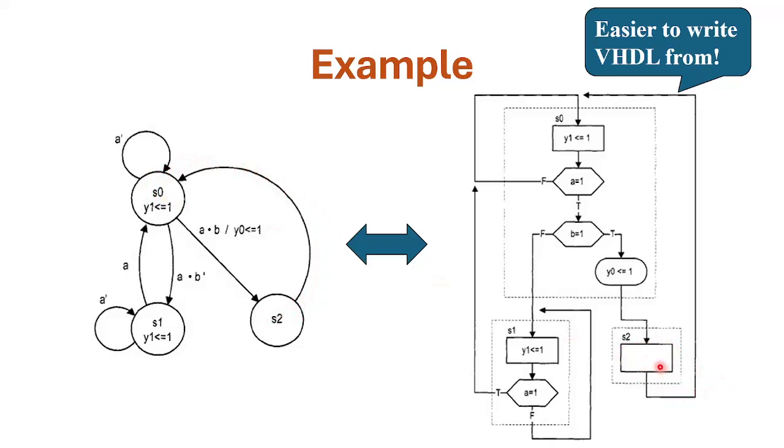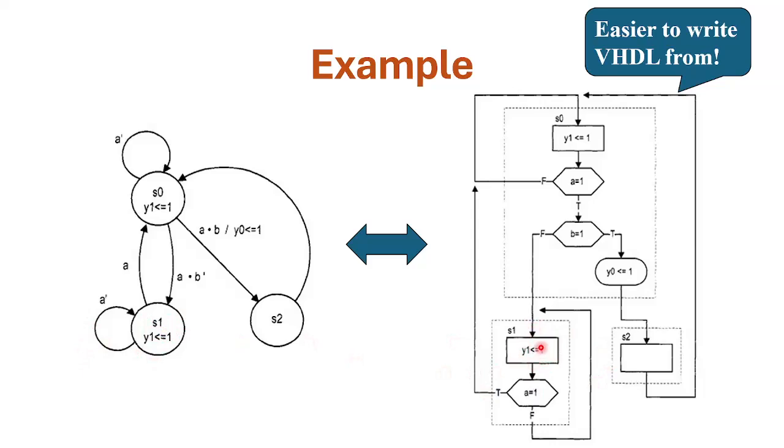We don't do any assignments to any Mealy or Moore output. We just go back into the block S0. State 1, the block 1 that corresponds to state 1, is very simple as well.